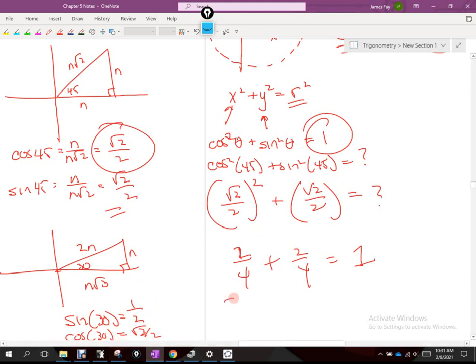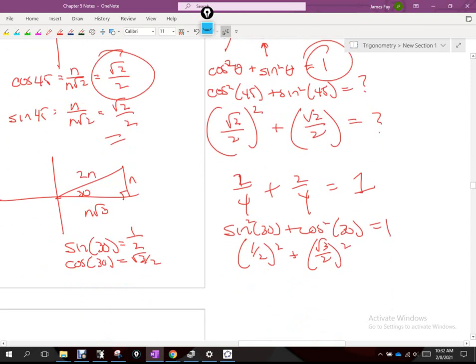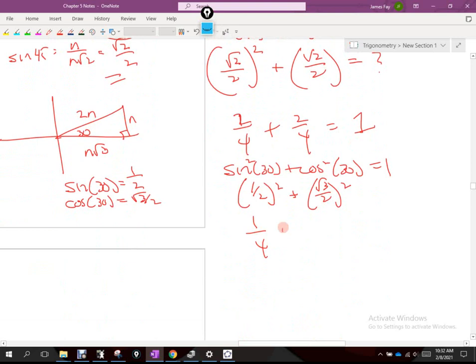So if I go sine squared of 30 plus cosine squared of 30, what does that equal? Sine of 30 is 1/2, cosine of 30 is radical 3 over 2. What's 1/2 squared? 1/4. What's radical 3/2 squared? 3/4. What's 1/4 plus 3/4?